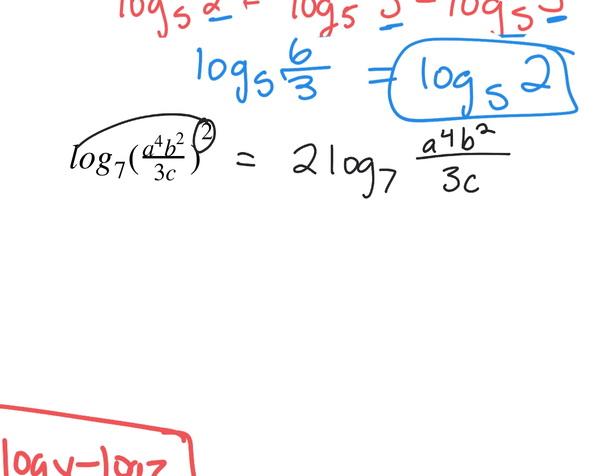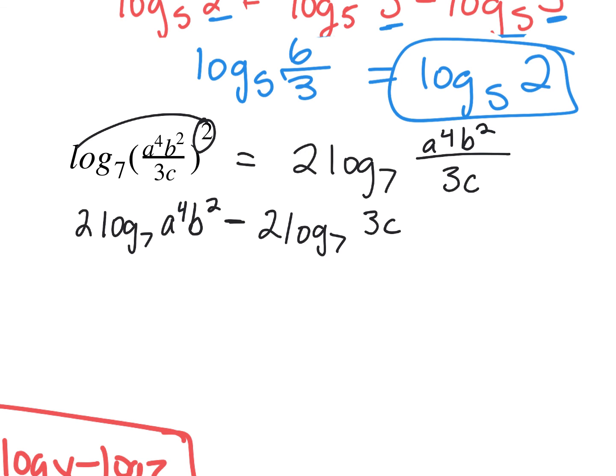So the first thing I'm going to have is 2 log 7 of a to the 4th b squared, minus 2 log 7 of 3c. It's 3c. Cool. Okay, so I did do that one right.